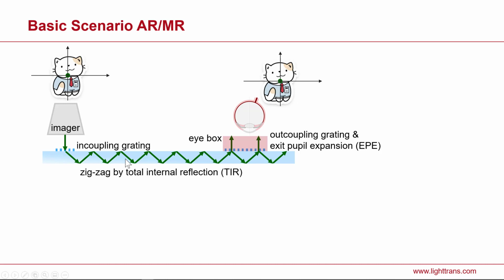And we know that the eye functions very well when it receives the information in the form of plane waves, because it will then focus that onto the retina and form the image again.